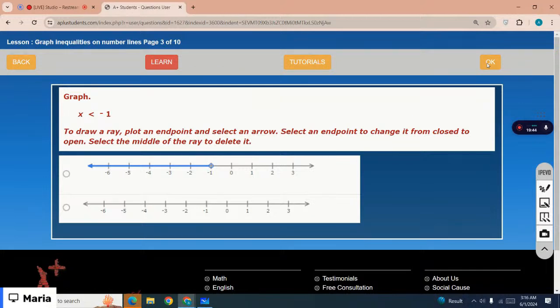So you have to start with -1 and point on the left hand side, because on the left hand side you have all the numbers that are less than -1, right? And on -1 you have an open circle because -1 is not the solution. The correct option is option number 1.